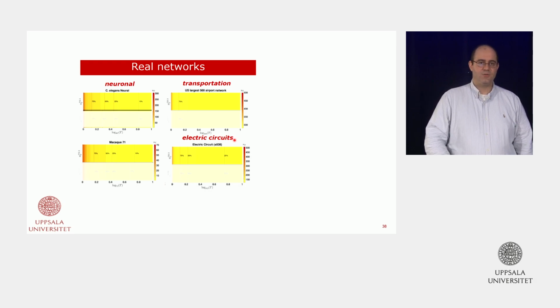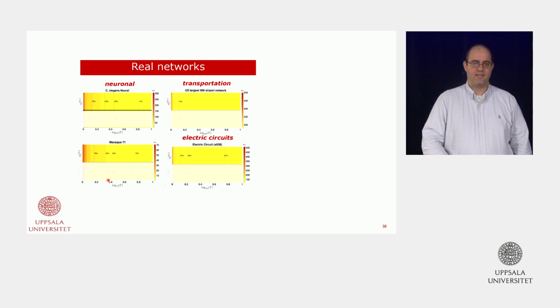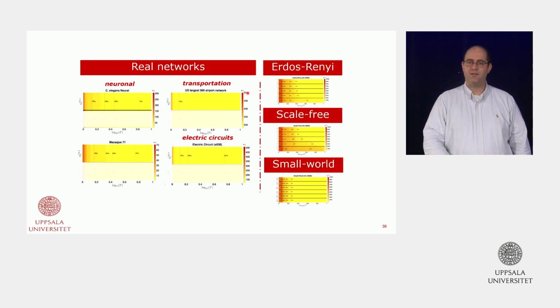But notice that if I compare these real networks and their requirements in terms of the number of nodes that are required to drive and the time to drive and achieve controllability of the network, it does not compare that well with synthetic networks that are of interest or related to such real networks.